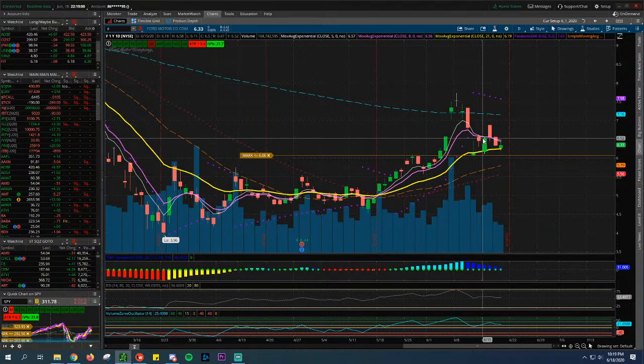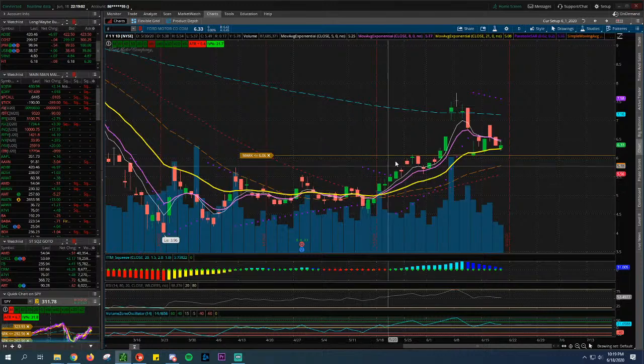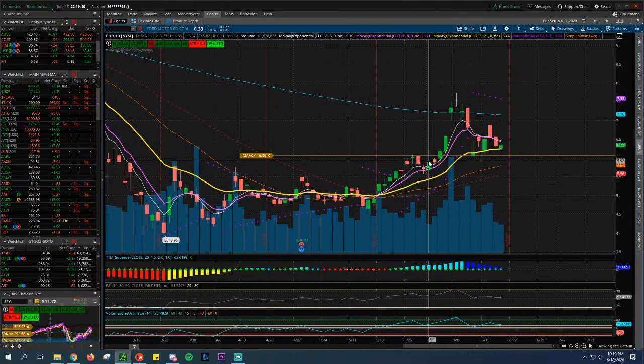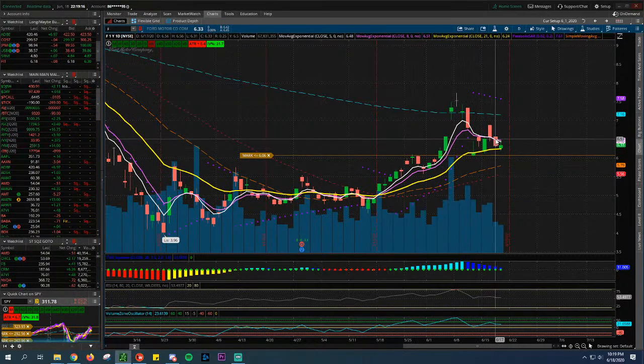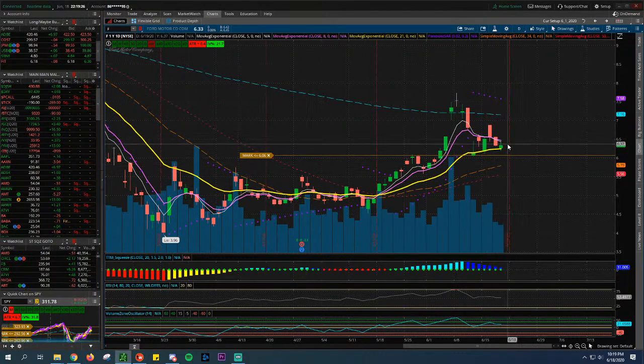So with Ford, it had a really nice recovery again from its lows of like $3. It had a squeeze set up here, fired very strong, very powerful squeeze, and now it's been trading around the 21. We do want to see the 5 and 8 exponential moving average stop moving down because it's getting close to the 21. We just don't want to see this cross through the 21. So first level support, I'm going to call around $6.